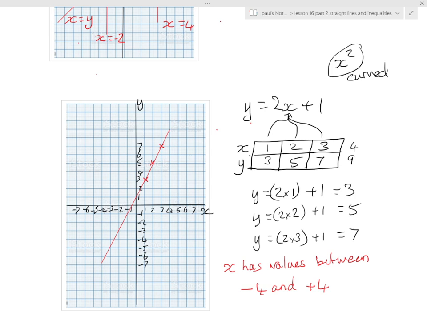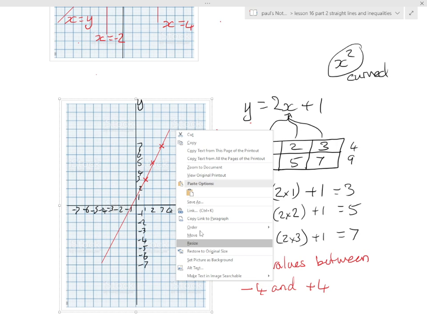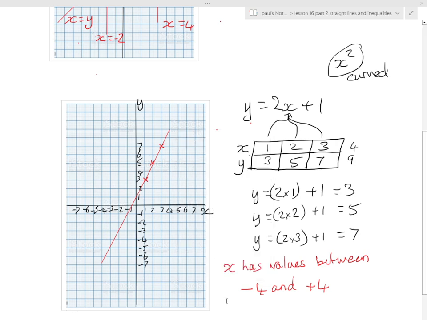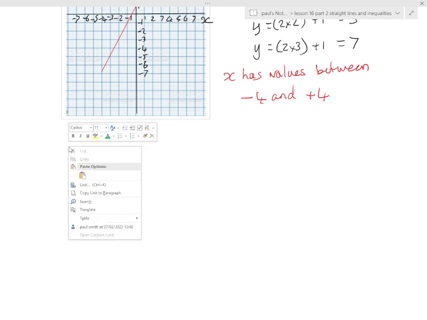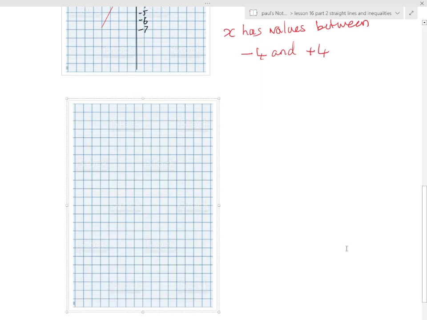I think we might, even if we're lucky, have another one now. Okay, so let's put that bit down. Copy that. Here's another one.